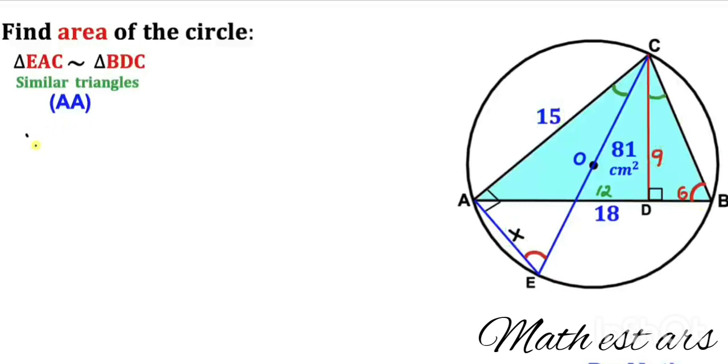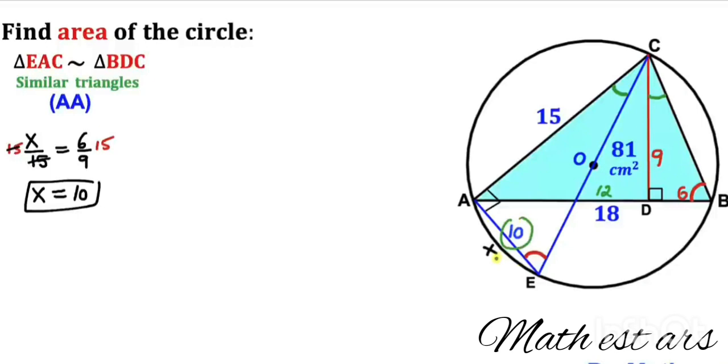So therefore let me write down x divided by 15 equals 6 divided by 9. Let me multiply both sides by 15 to isolate x, and here 15 and 15 are gone, so x turns out to be equal to 6 times 15 is 90. 90 divided by 9 is going to give us 10 centimeter. So therefore this length AE turns out to be 10 centimeter.